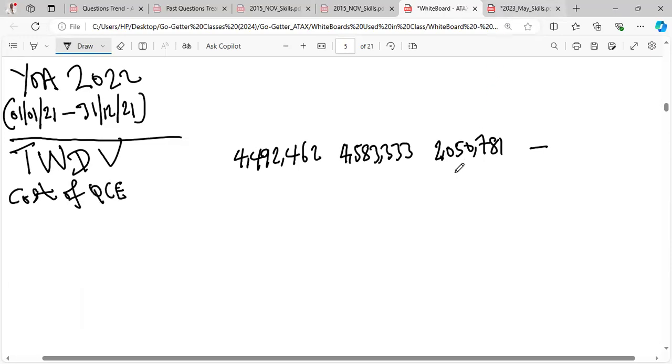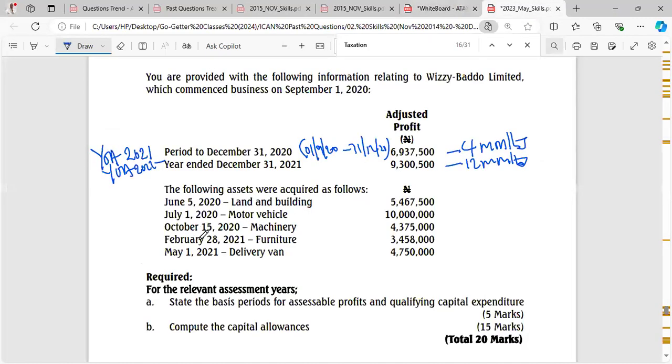What did you buy? You bought furniture for 3,458,000.